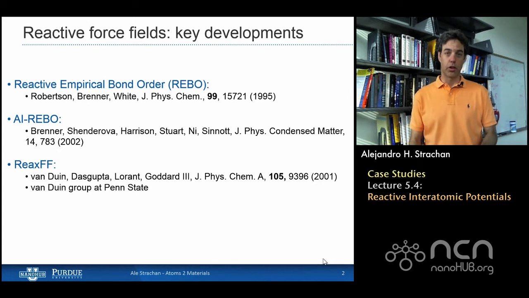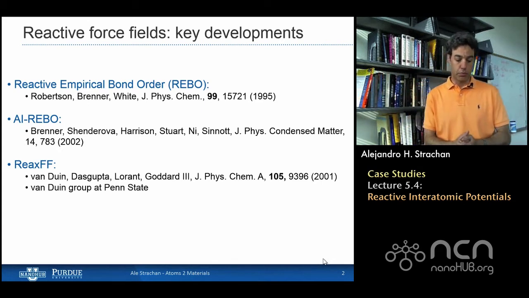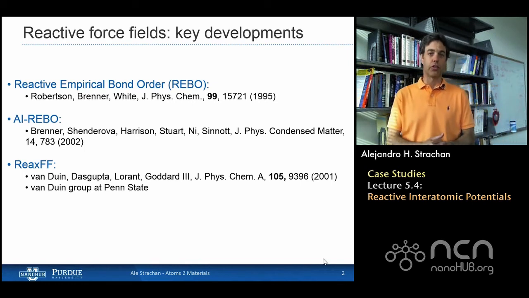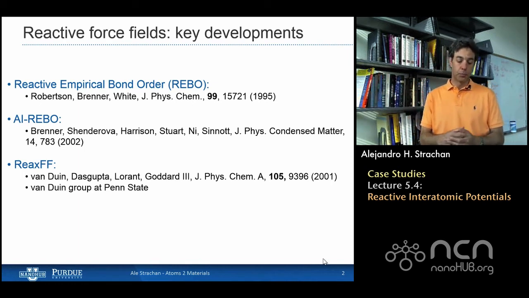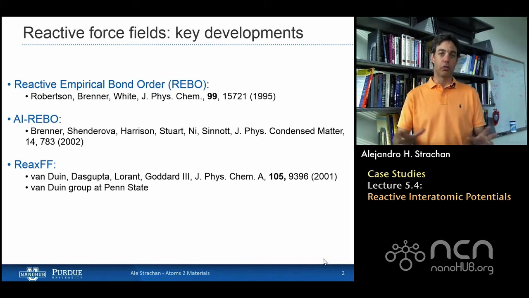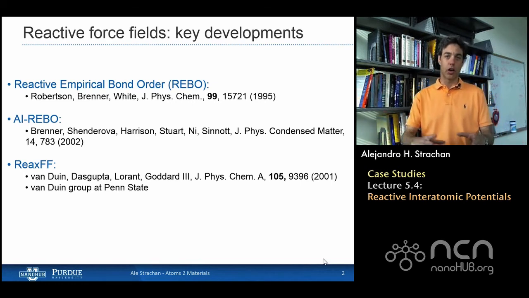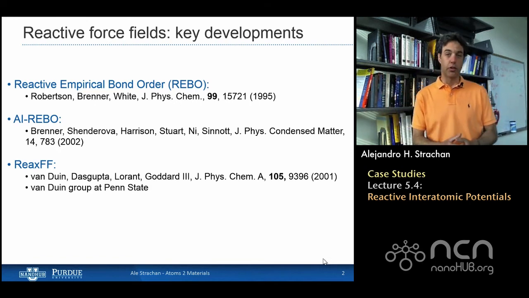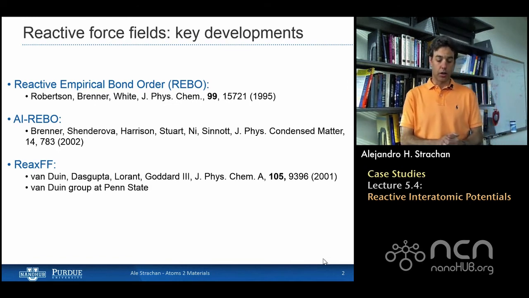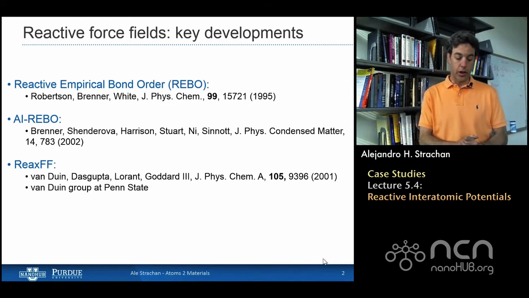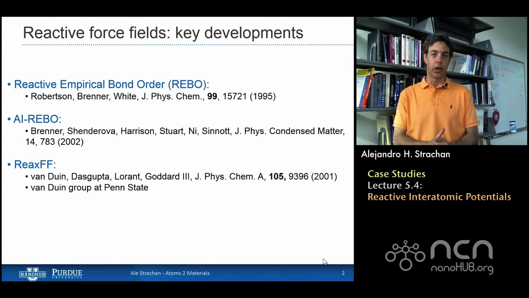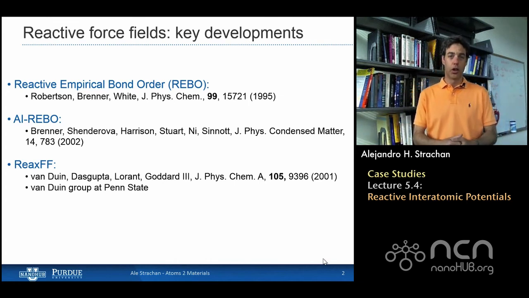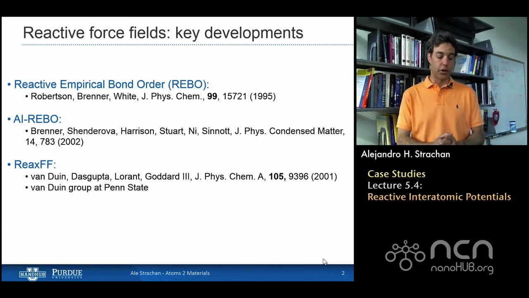The first 2 are on the class of potentials called REBO, reactive empirical bond order potentials, and the last references are on ReaxFF, which is a generally applicable reactive force field that covers a large piece of the periodic table. You can see there the first paper by Adri van Duin and collaborators at Caltech. And Adri van Duin and his group at Penn State continue to develop these potentials.